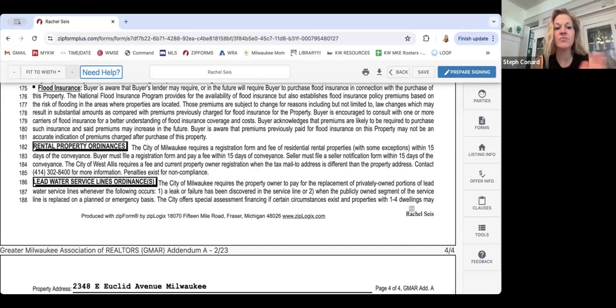This is the city of Milwaukee only. So the buyer just needs to be aware of that and to contact the city and the Department of Neighborhood Services.